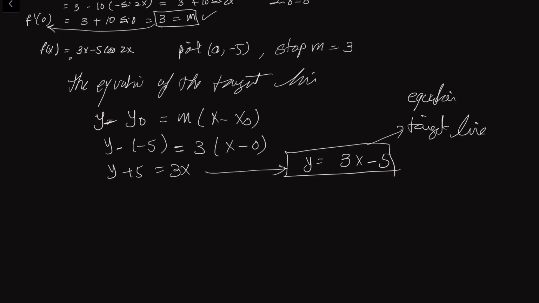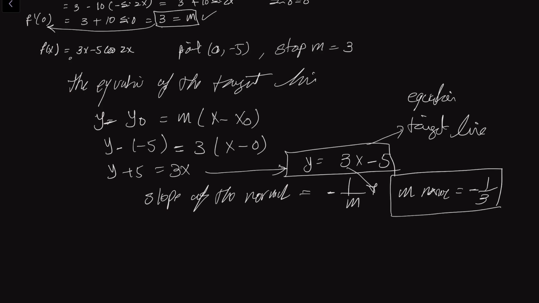Okay? So now let's go back to what is the slope of the normal? It equals -1 over m. We have the slope here as 3. So m normal is -1 over 3. So let's go back and substitute in this equation. So y will be equal to -1 over 3 x minus 5.